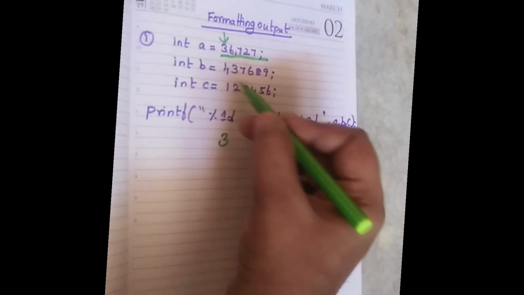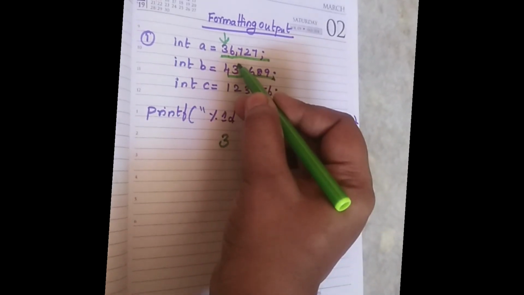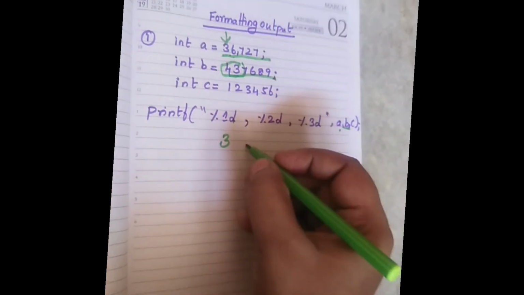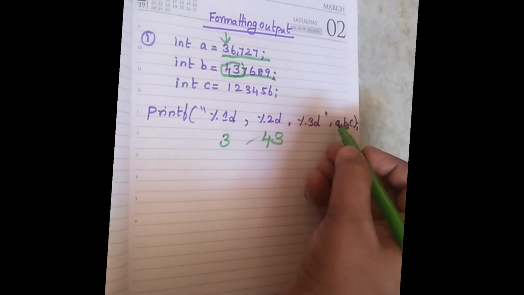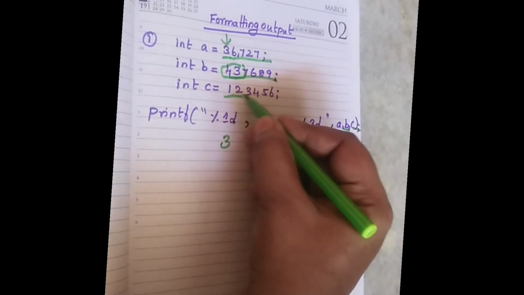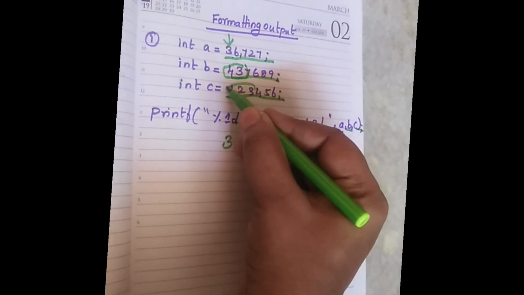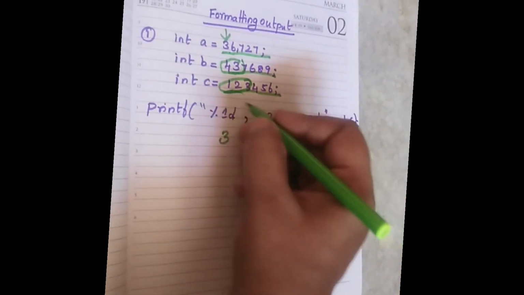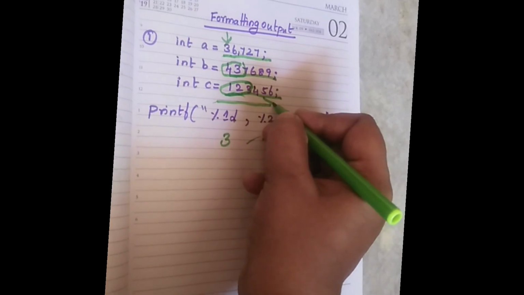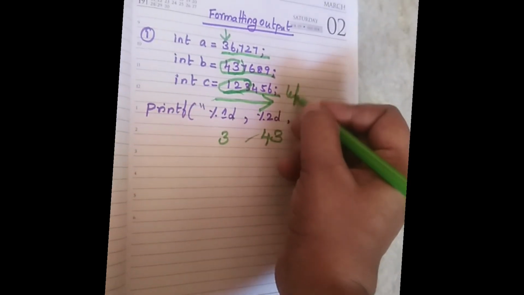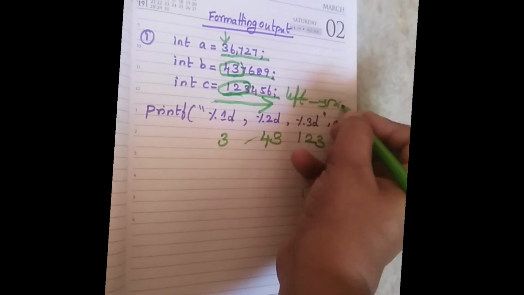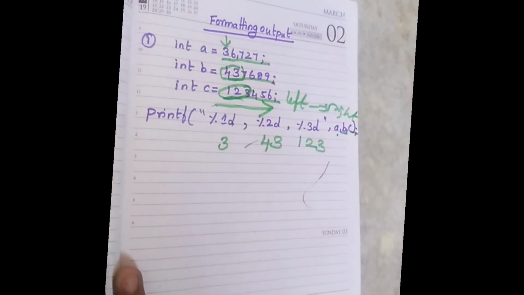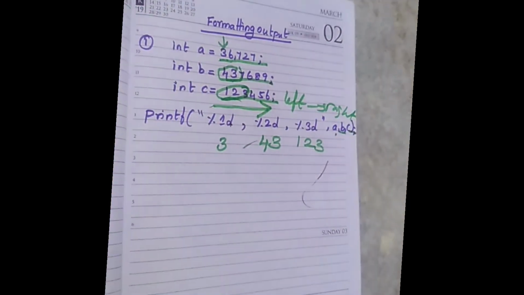Next one is b: from this b, 2 digits will be printed on the output screen, for this 43. Next, c is taken as whole data, and from it the first 3 digits will be printed, 1, 2, 3. It always takes the position from left to right. This is the way printf works.